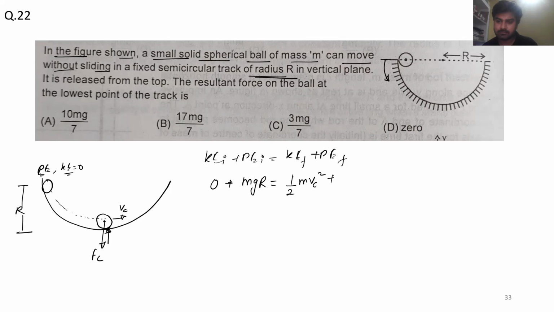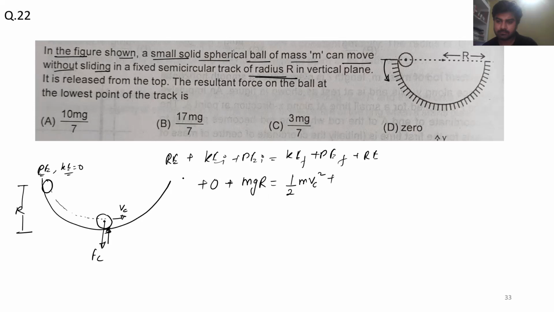Now I have not added one more energy here, which is rotational energy, because it is rolling. So I'll add rotational energy in the end. Why have I added it in the end? To tell you the difference between the mechanical energy now and earlier, because we have studied rotation. So now the mechanical energy will be a combination of rotational plus translational plus potential. So half mvc square.